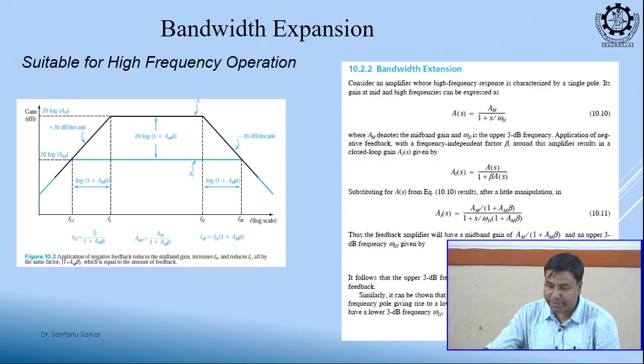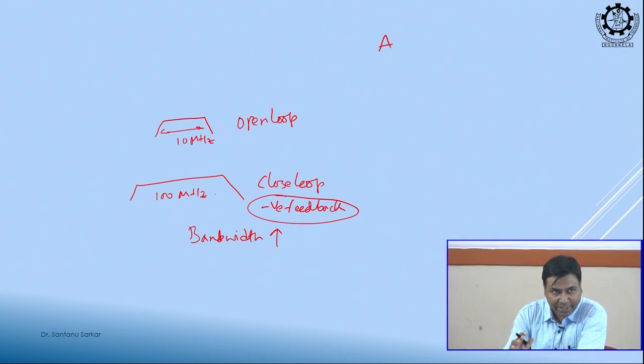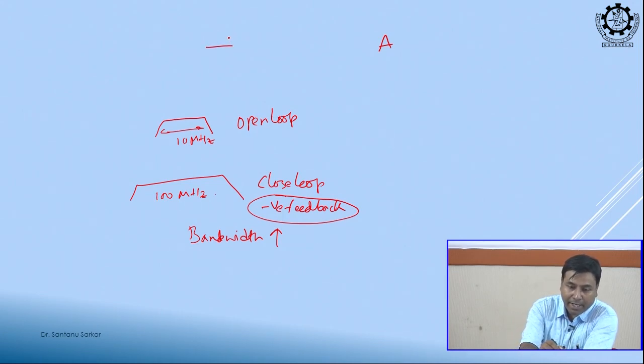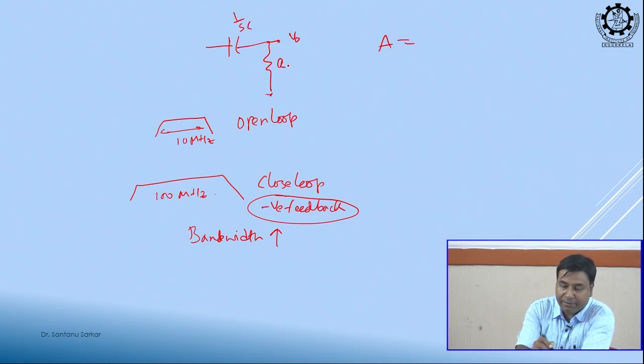We discussed this a little bit. Suppose A, previously we discussed A. Now, we are thinking that this A is a single pole system, just like an RC network. If you have an RC network, then you can calculate the transfer function V0 by Vi in terms of S. If you find it as 1 by sC and R, if you calculate this transfer function, what will you get?